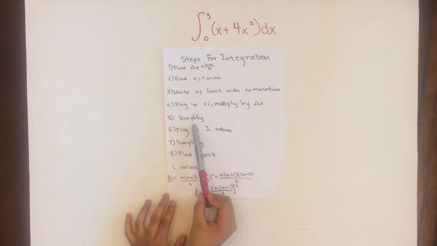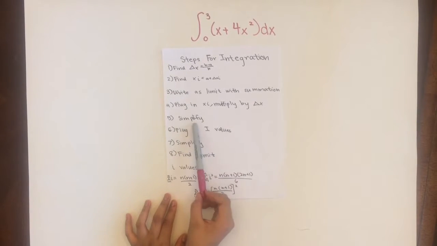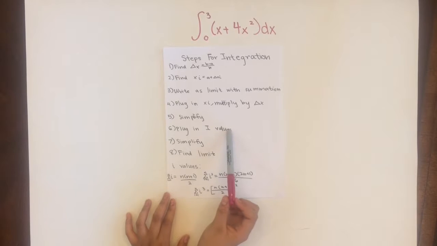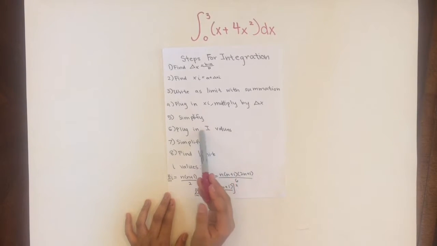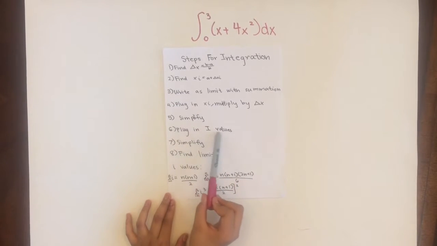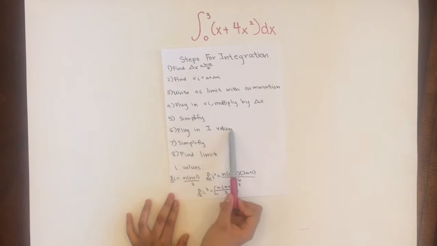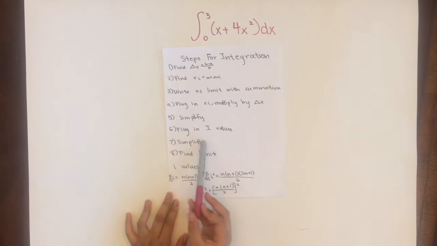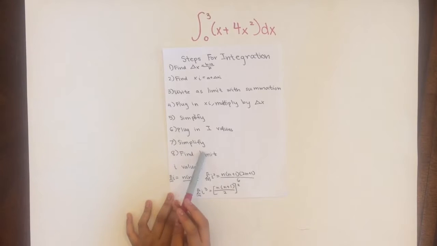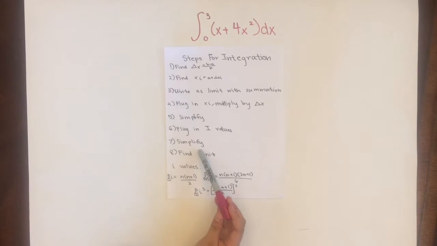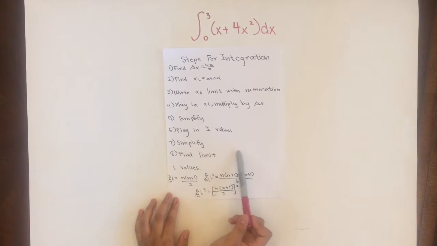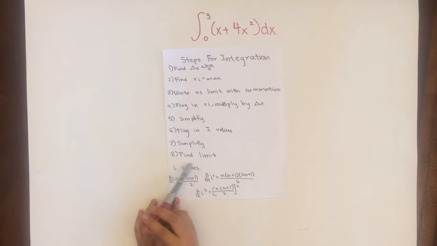Then you just need to simplify it even more so it's easier to solve and find the integration of. Then you have to plug in the i values, and I will show you those in a few moments. Then you need to simplify even more than before because it just makes everything easier to integrate and solve for. And then finally, we get to find the limit to infinity.